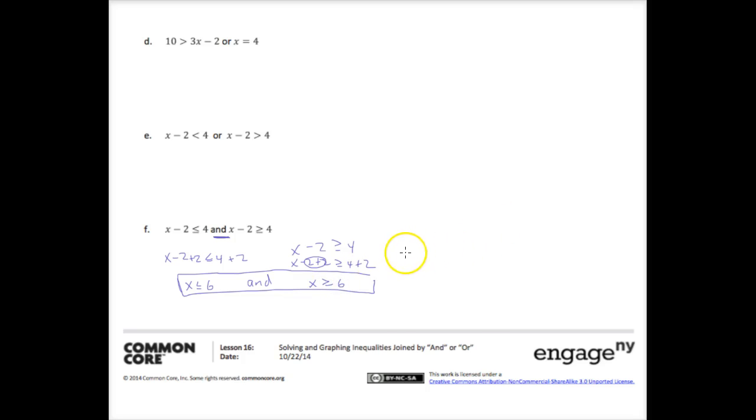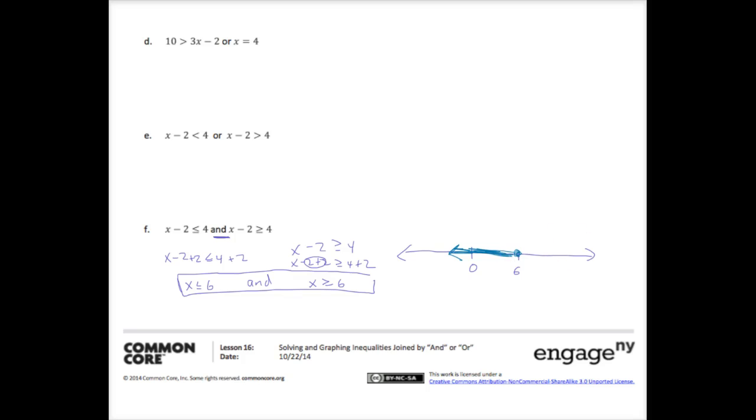So what do we have? We have one condition where, let's give ourselves a 0 and a 6. Okay, so the first condition says that x is less than or equal to 6. I can have a solid dot on 6 and go everywhere less than that. We don't have to get too far. You get the idea. All right.